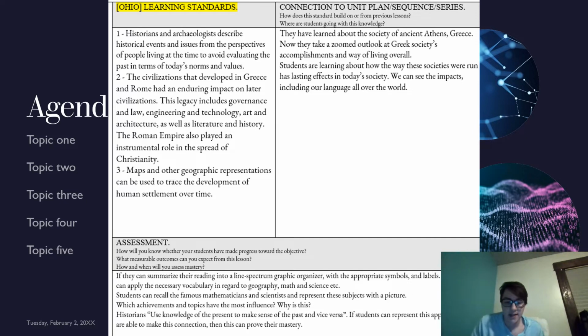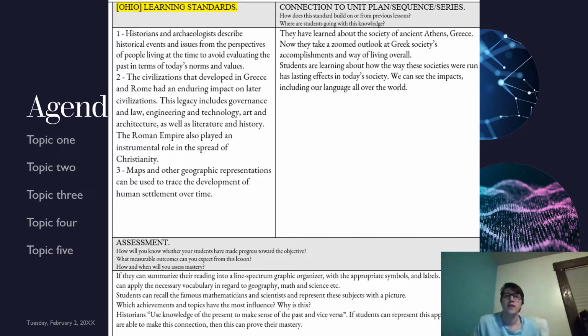And then assessing them, I added just for this portion, they were creating a spectrum graph. So basically, they had these achievements like astronomy, math, that Greeks contributed, and they went through specific thinkers like Archimedes and the contributions they had, and they were going through and ranking each topic in an organizer.